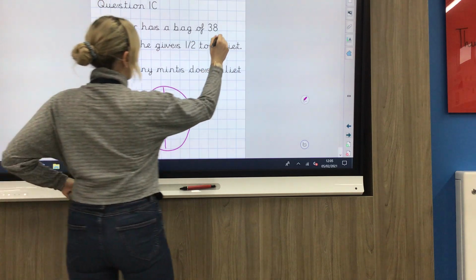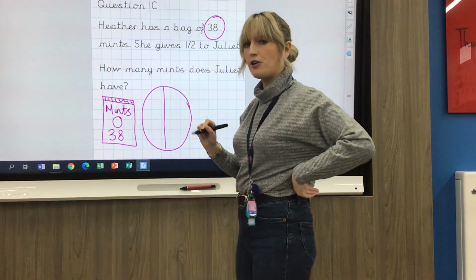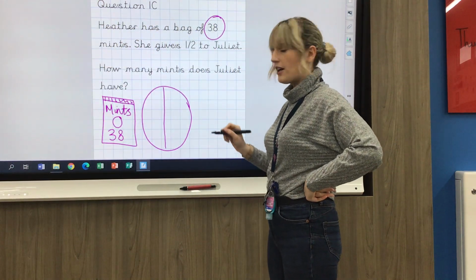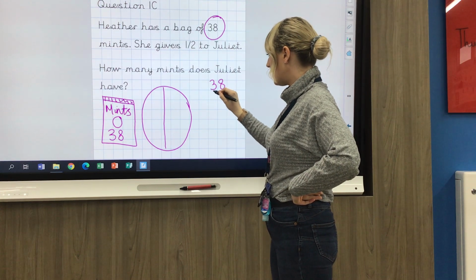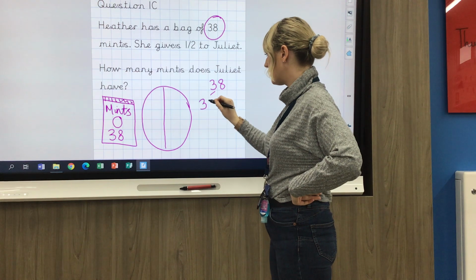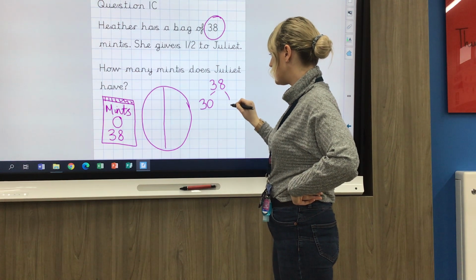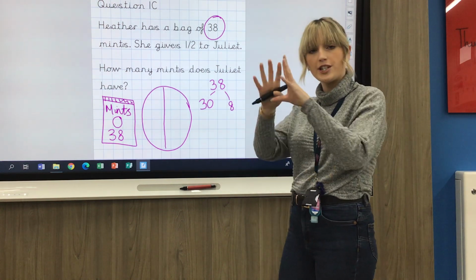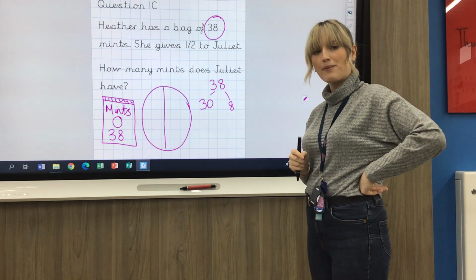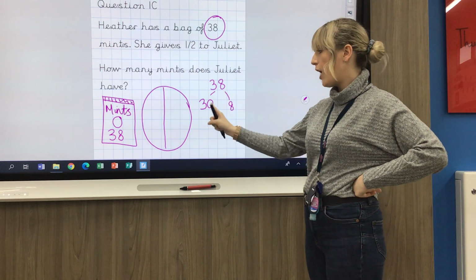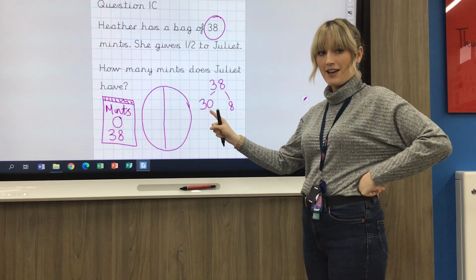So what I'm going to do is look at the number 38. I know the number 38 is 30 and 8. So I've partitioned it, I've split it up. To help you today, I'm going to tell you what half of 30 is.